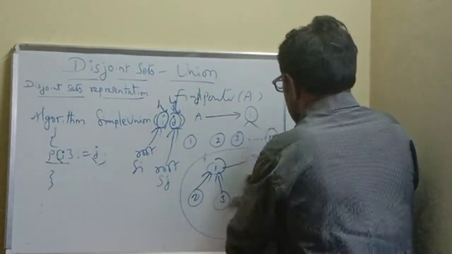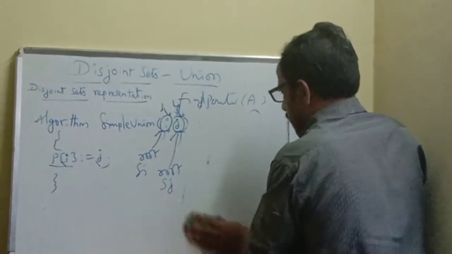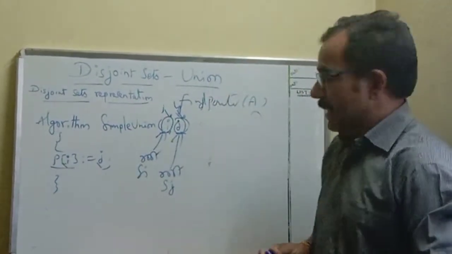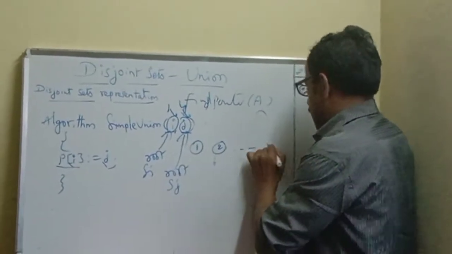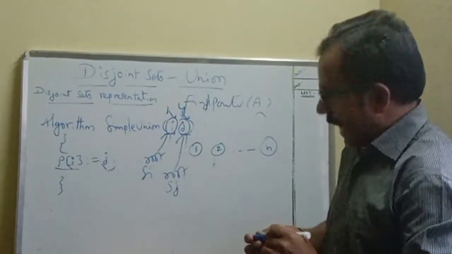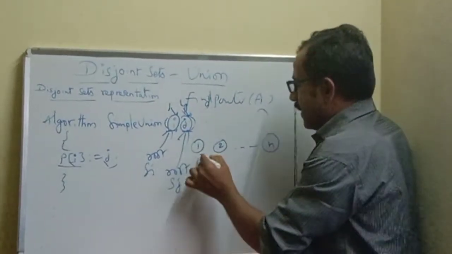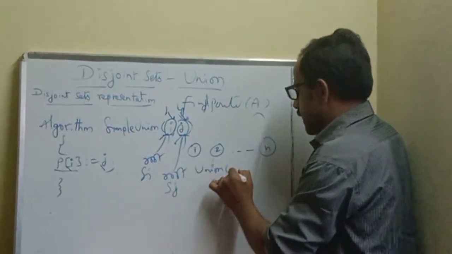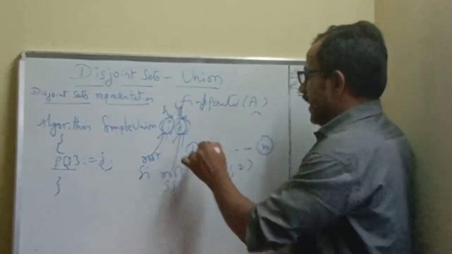In the worst case, I can show you what the simplest algorithm for union does. Suppose you take some n elements, 1, 2, and so on up to n. According to the simple union procedure, what are the first two nodes? Union of 1 and 2. Initially I took a forest, so there is no parent.